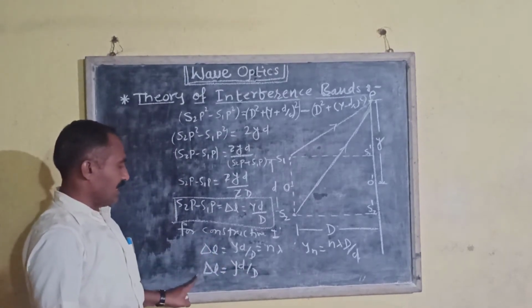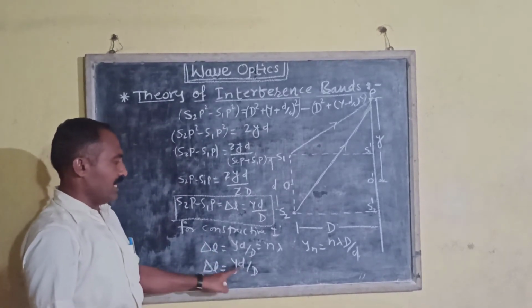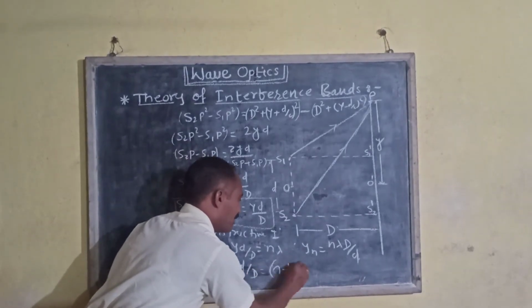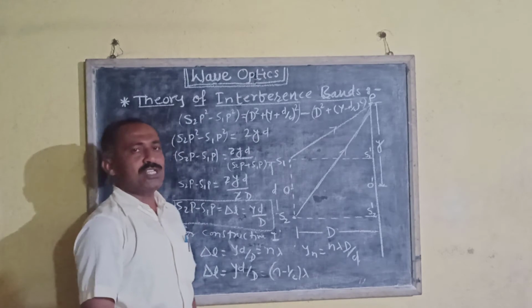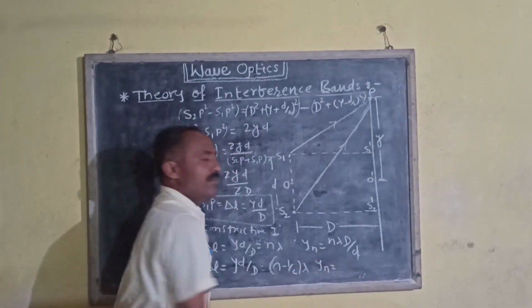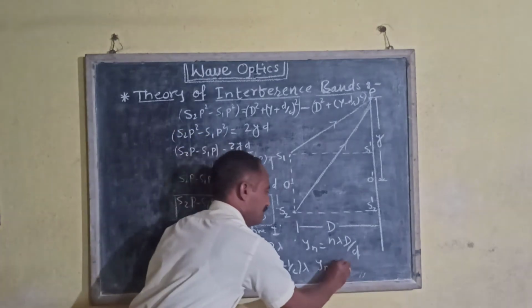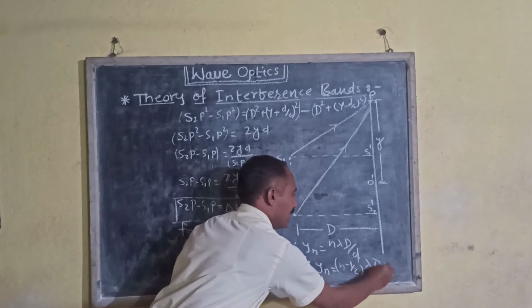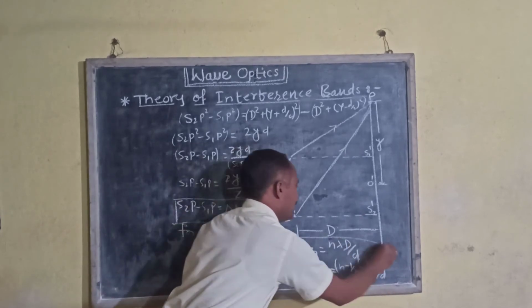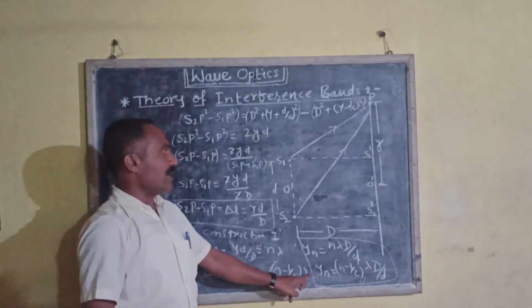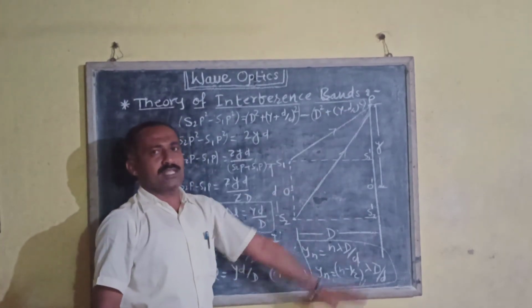For destructive interference, the path difference yd upon capital D is equal to (n minus half) into lambda, and the position of the nth dark fringe on the screen can be written as yn equal to (n minus half) lambda capital D upon small d. These are the positions of the bright and dark fringes on the screen.